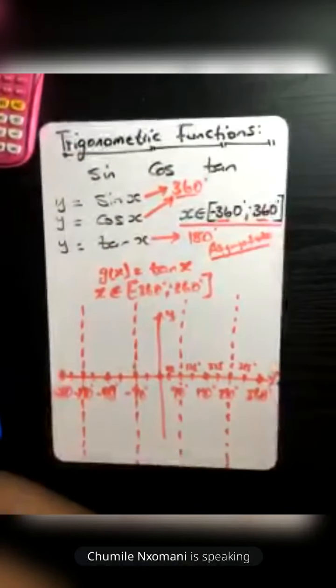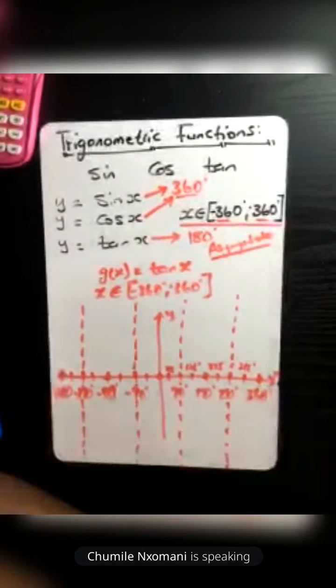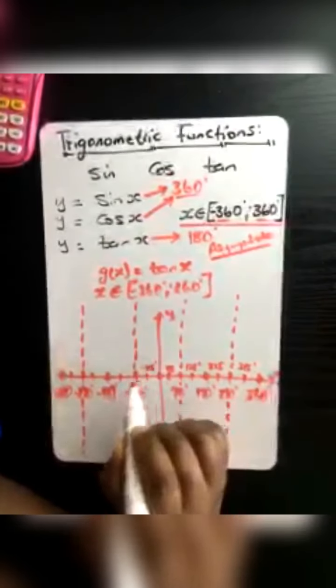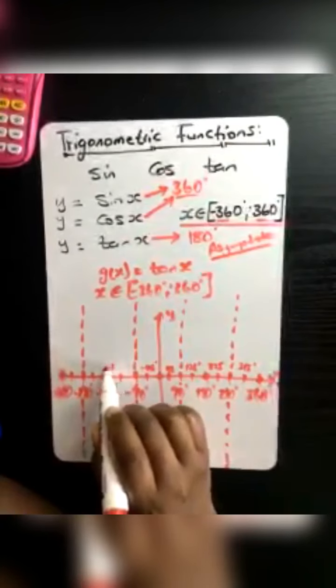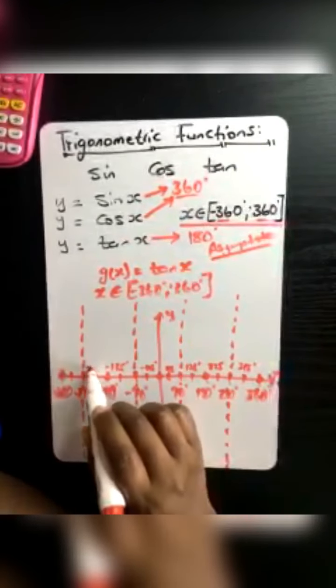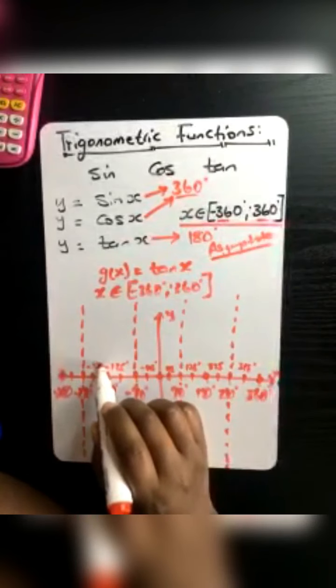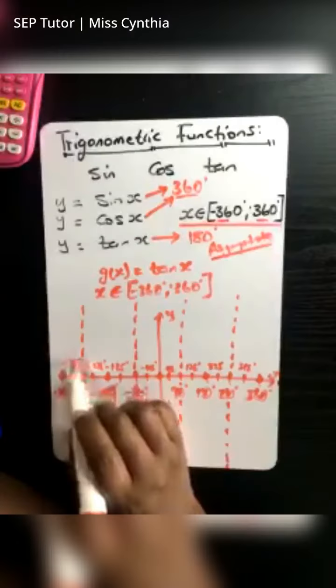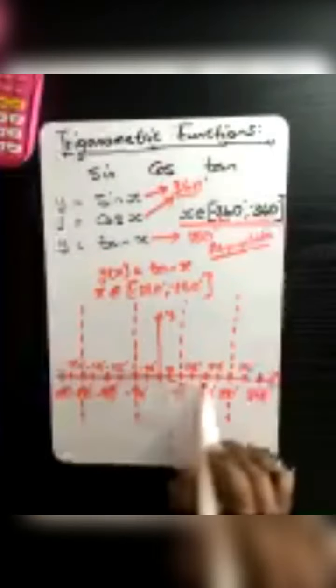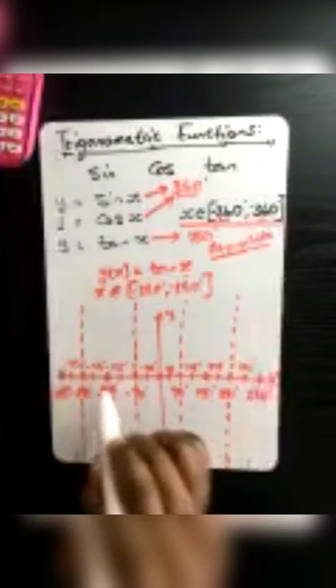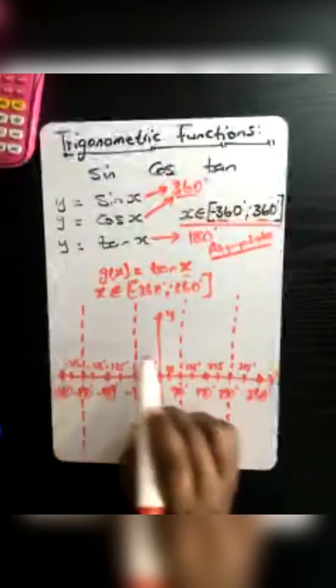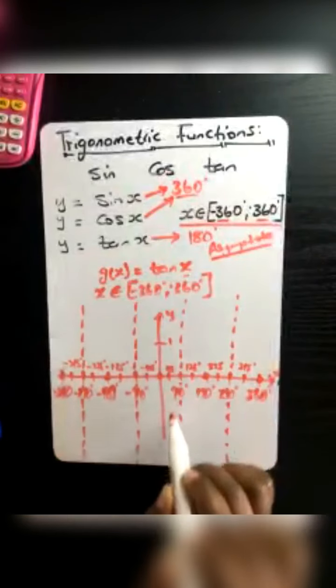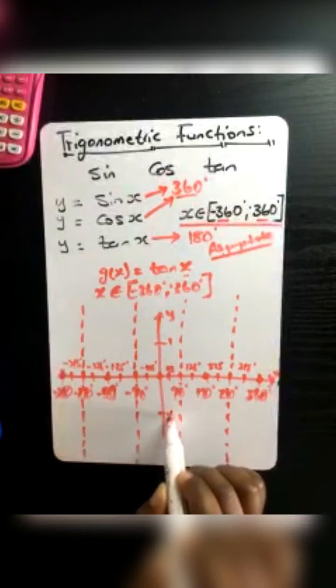Can you see there, Chumi? Yes, sir. So that means you're going to have the same values but with negative values: negative 45, negative 135, negative 225, negative 315. So what you need to do, Chumi, is still punch these values in between on your calculator so that you know where the point is along the y-axis. Remember there is 1, maybe there is negative 1. Okay. Can you see there, Chumi? Yes, sir.